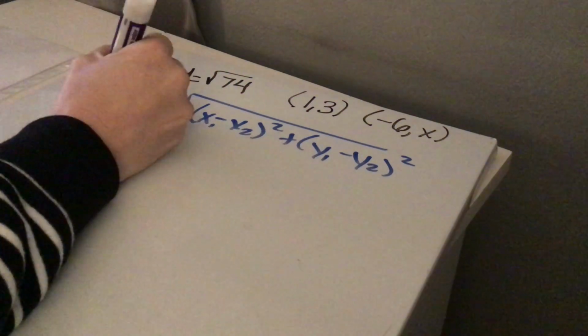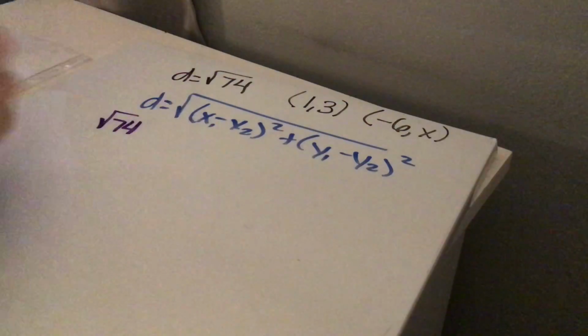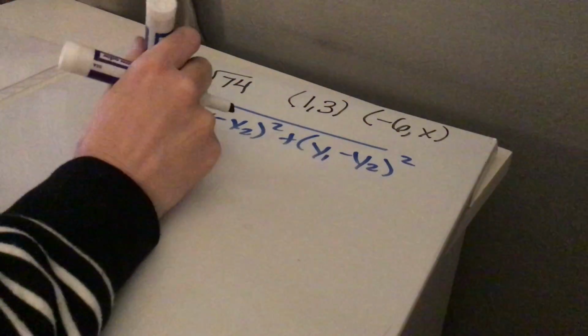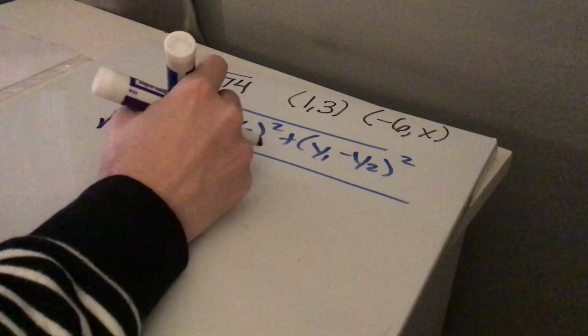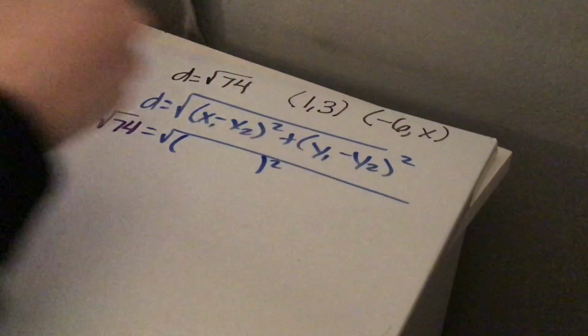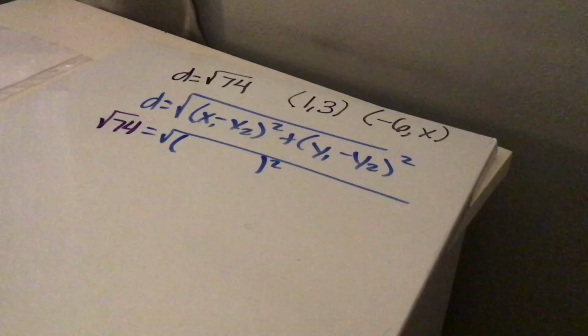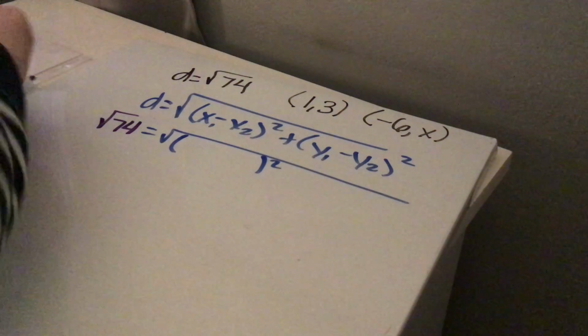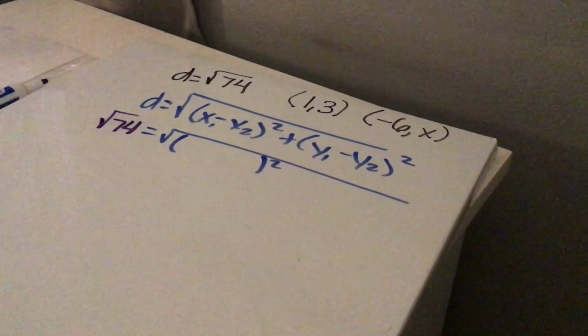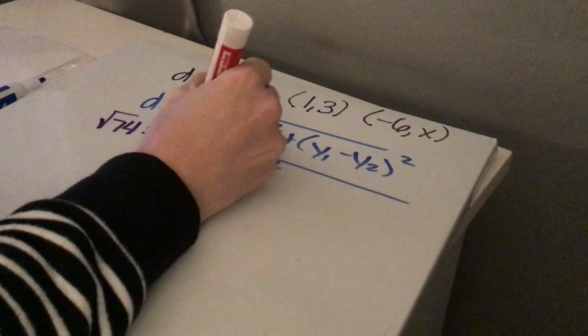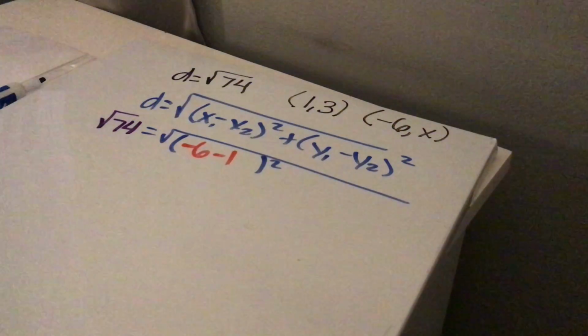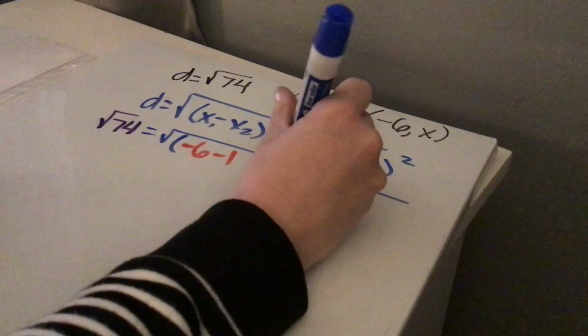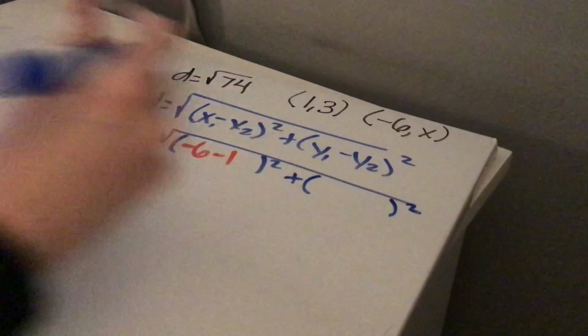So we get the square root of 74 equals the square root of the difference in their x values, negative 6 minus 1, squared, plus the difference in their y values squared.